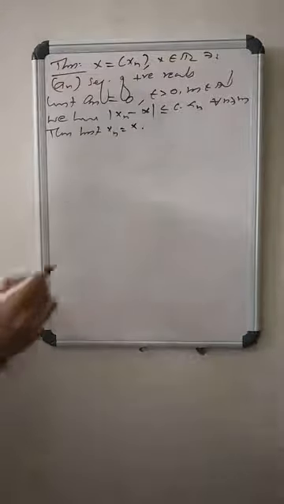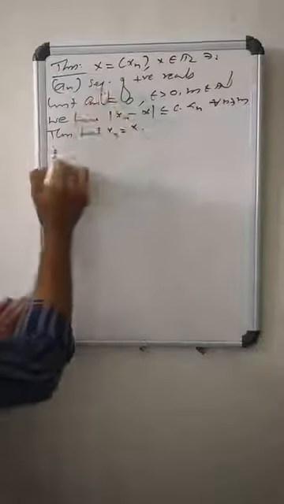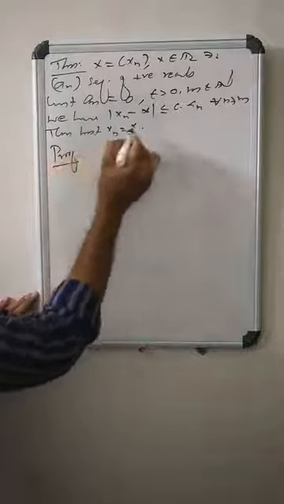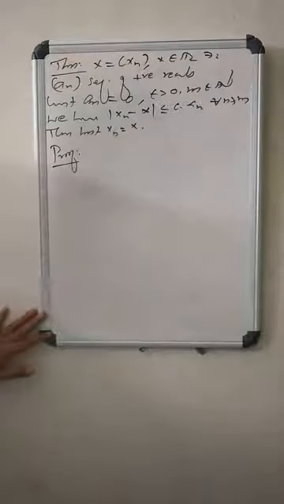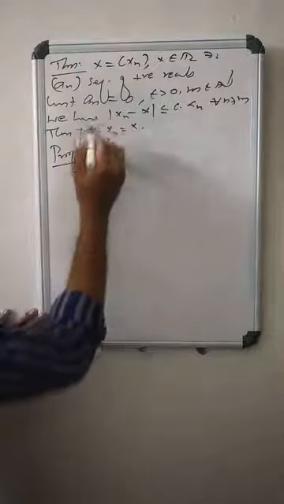That's immediate. Why? Because its proof goes this way. We have the modulus of xn minus x less than or equal to C times an, and it is given that the limit of an equals 0.